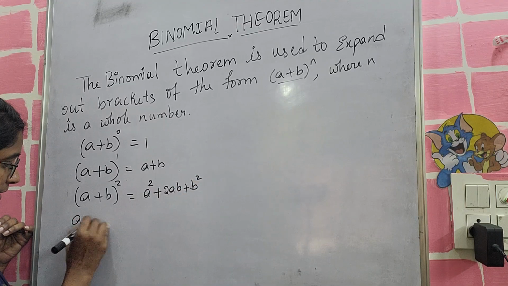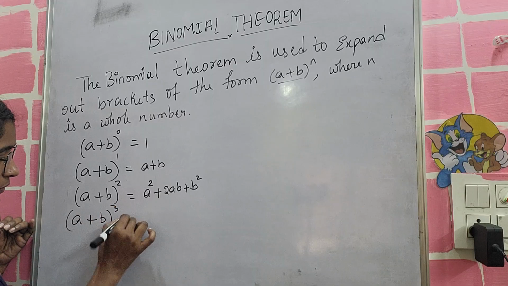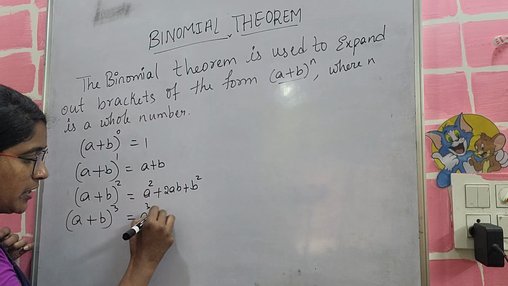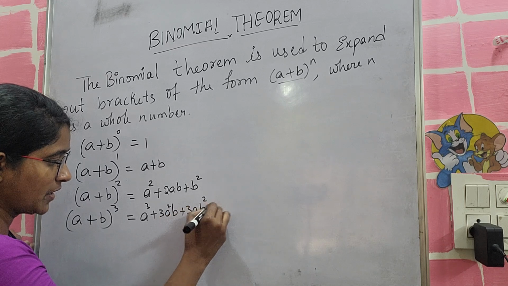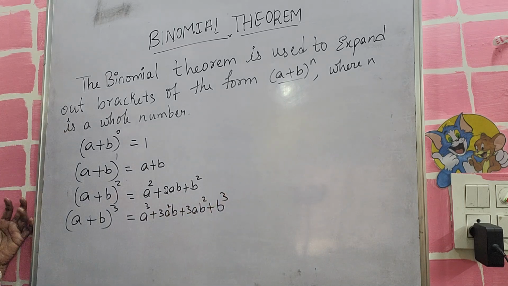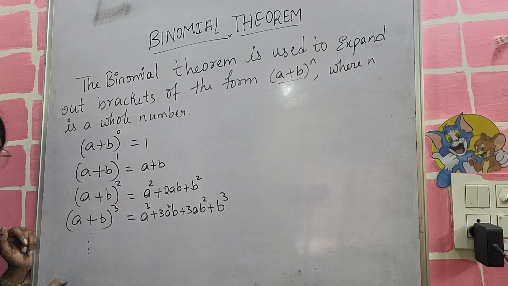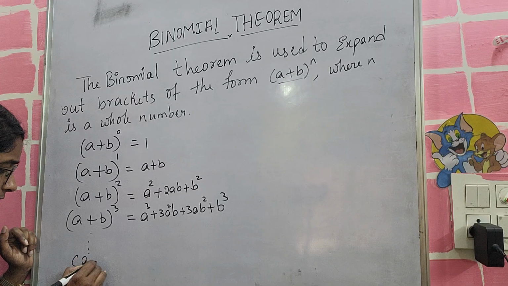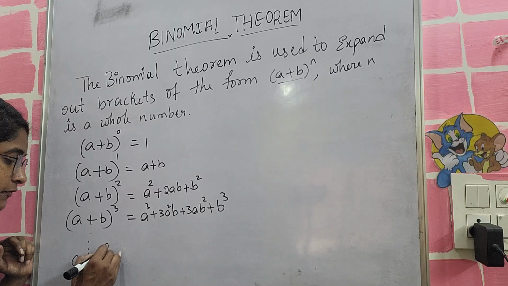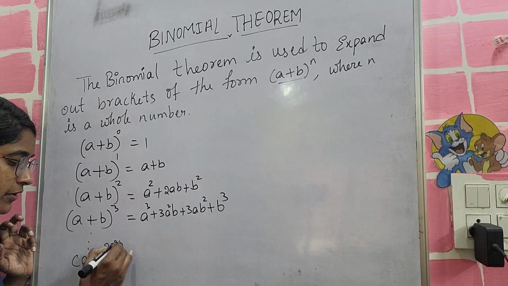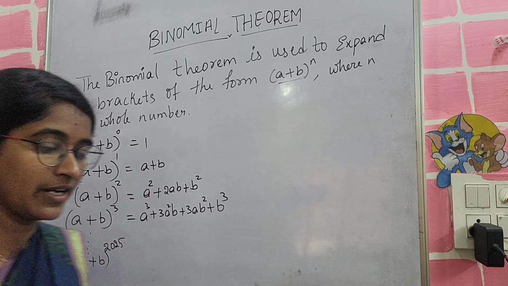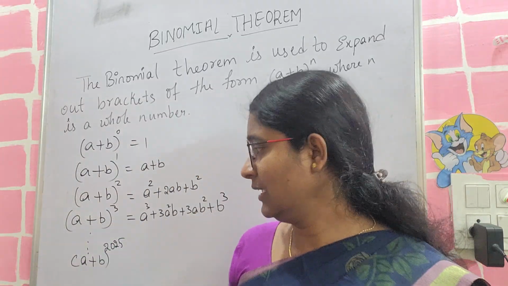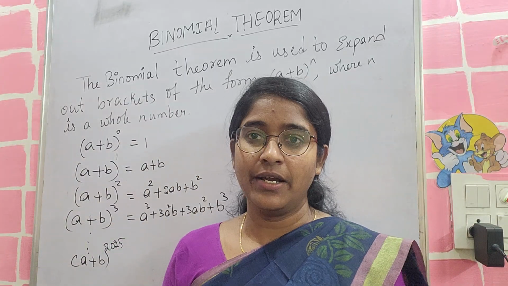Then (a + b) whole cube is a³ + 3a²b + 3ab² + b³. So like this we know certain numbers, right? But if I want to find a particular term, like if I raise (a + b) to the power of 2025, then how are we going to find the value of that? So that is why this binomial theorem was introduced.